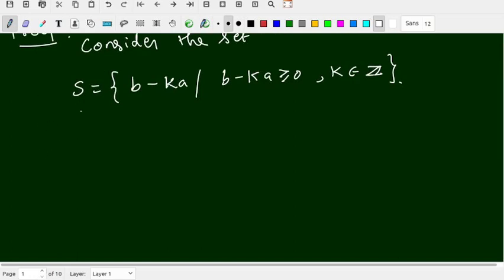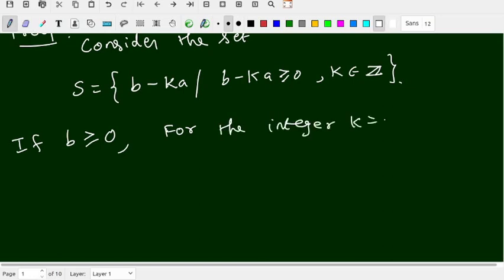We will show that S is non-empty, according to the value of b. If b is greater than or equal to 0, then for the choice of the integer k equal to 0, b minus ka is simply b, which is greater than or equal to 0.